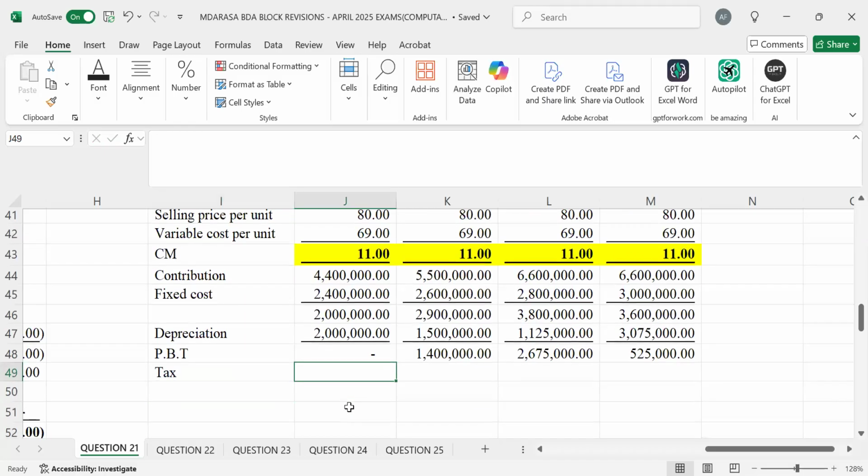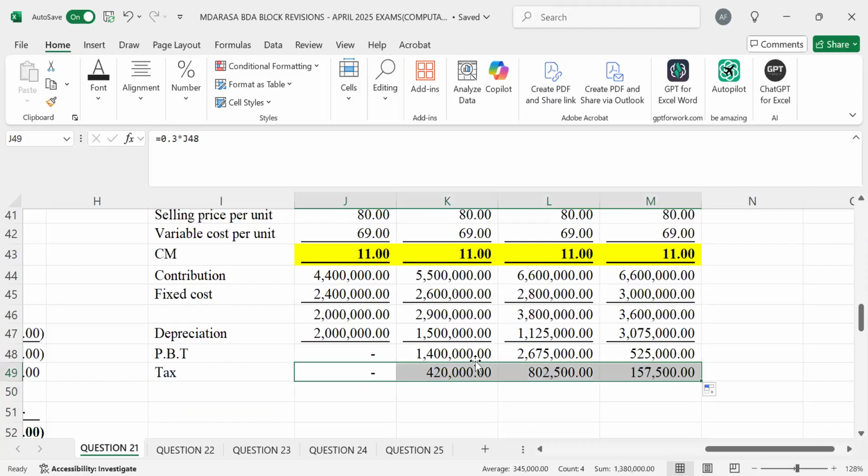Tax, of course, will be based on these cases, profit before tax. So therefore, at this point, you'll find that we won't be having any. So times that value there. Work it out the way it is.